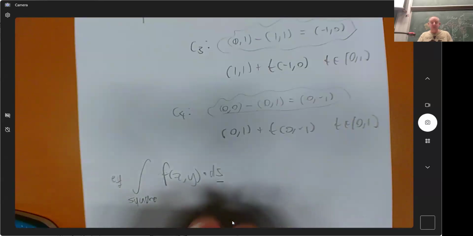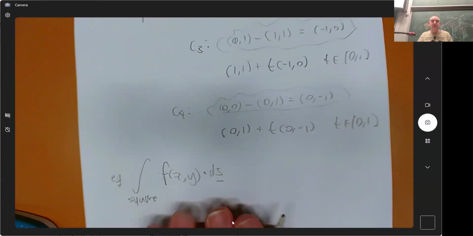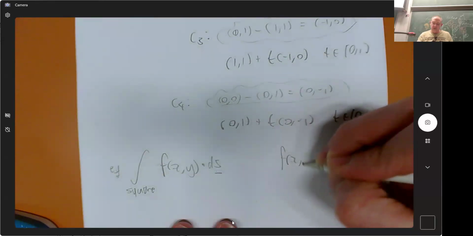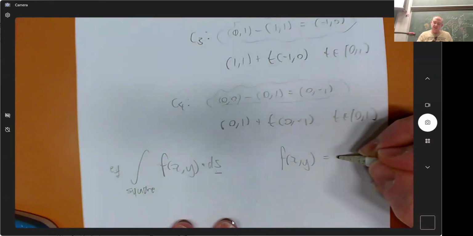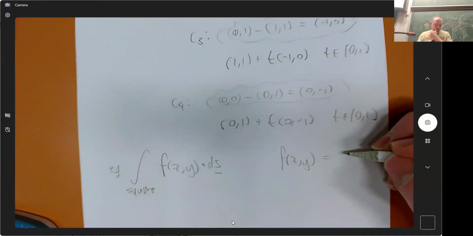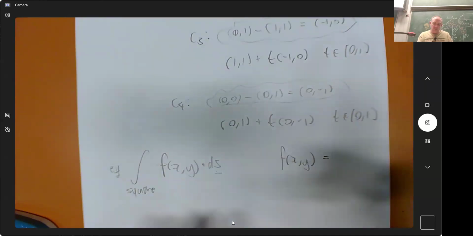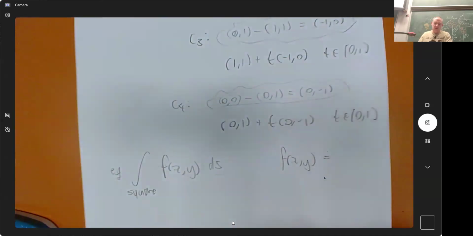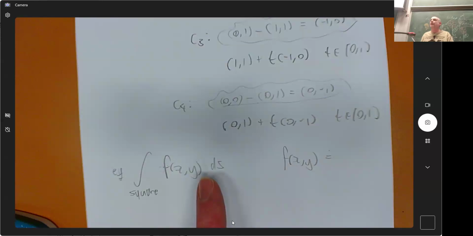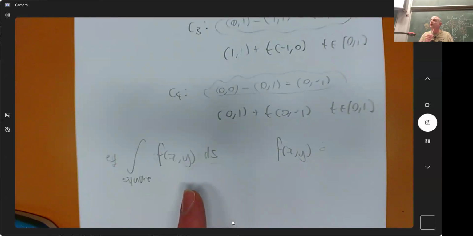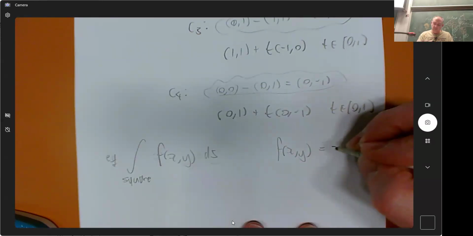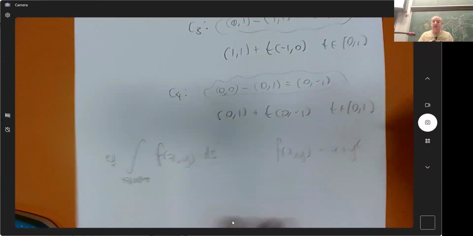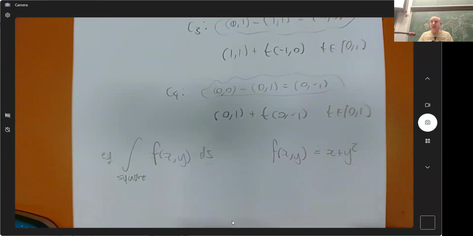But if I was going to do this, which is not a flux, it's just a path integral, where f of x, y is, say, I'll do it. This is the path integral of a scalar, which you can do if f is x plus y squared, for example, just making up something.